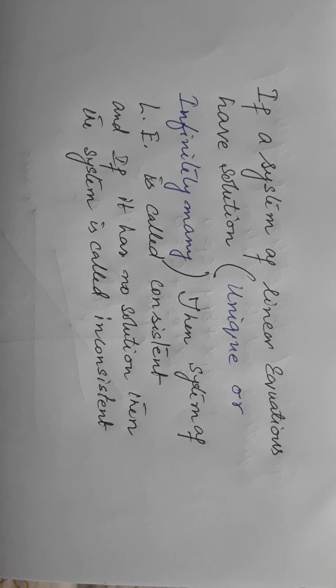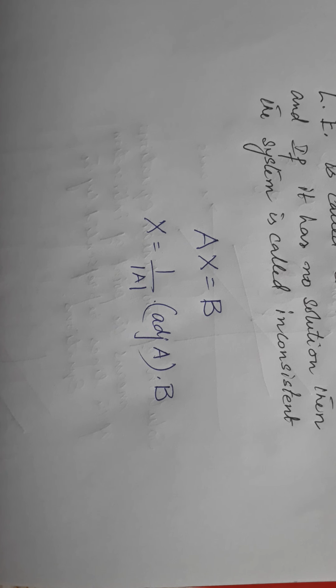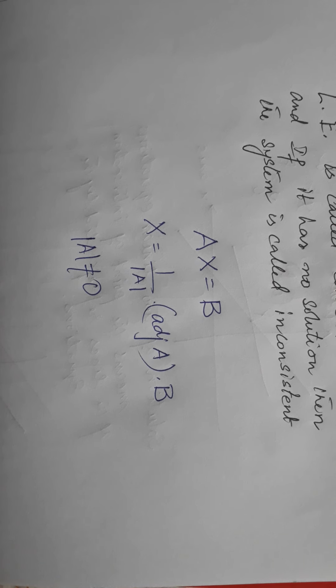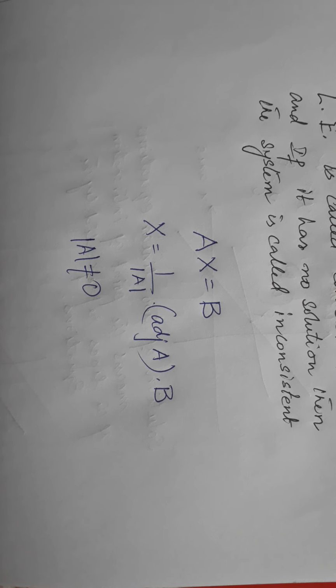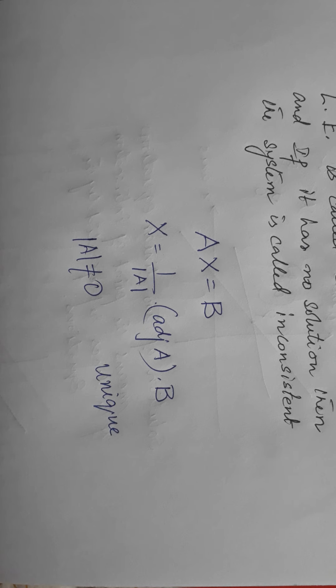In my previous video, we have learned that the solution of this equation is given by this. Now if determinant of A is not equal to 0, then the system has a unique solution. But if determinant of A equals 0, can we say that the system is inconsistent? No. There are two conditions.